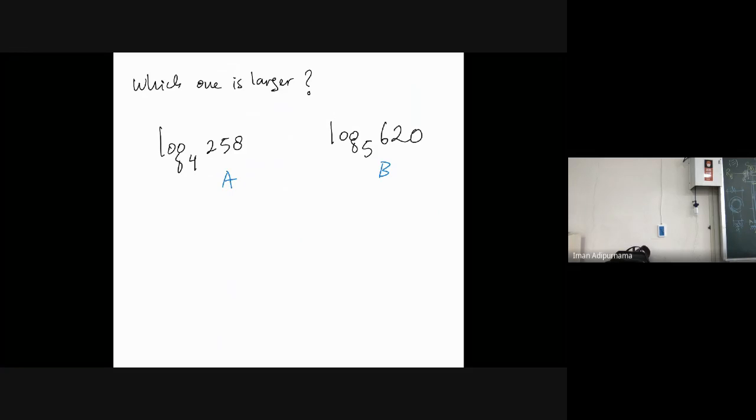Which one is larger? This one, right? Okay, good.